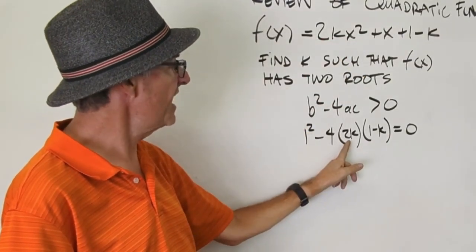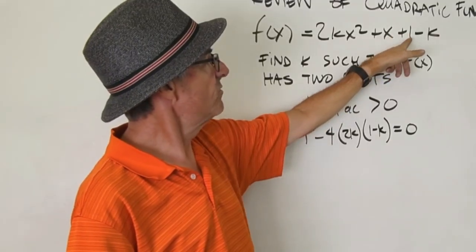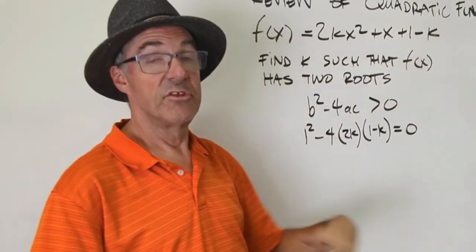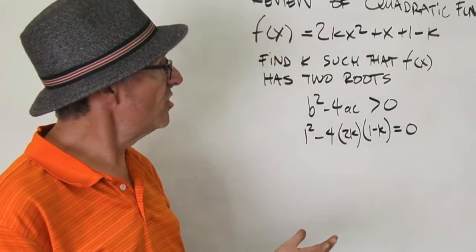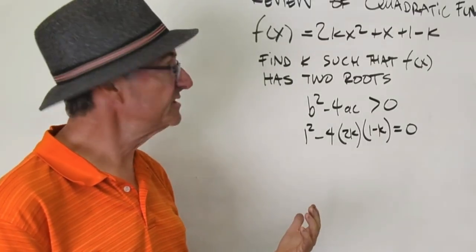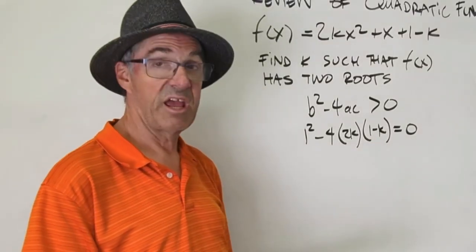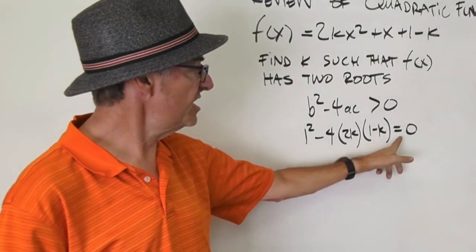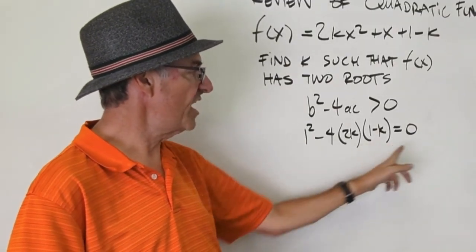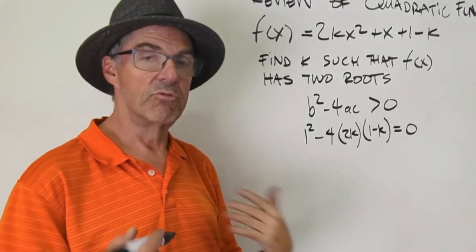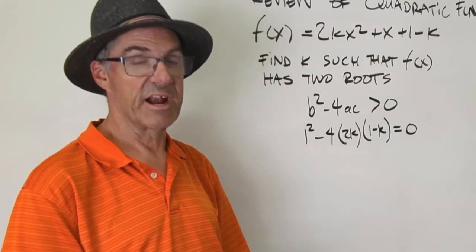So 2k is my a, and then the x and 1 and k, those are both constants. We don't know k, but we're going to figure things out about k. So our c is just 1 minus k. So that's our plug-in step. I set it equal to 0 because we're going to solve for the values of k that make this true and then reinterpret that to get our answer.